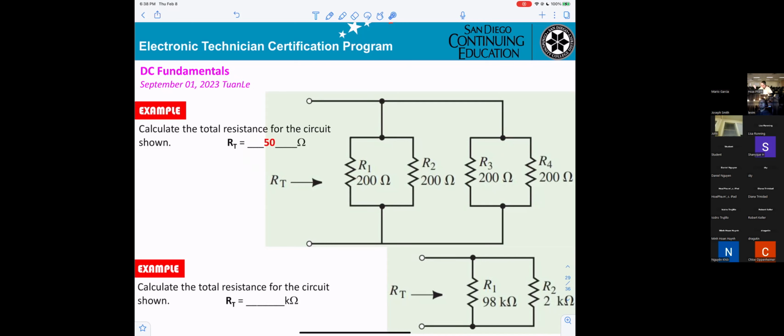And this one, they already get everything. Okay, now what they want is the total.